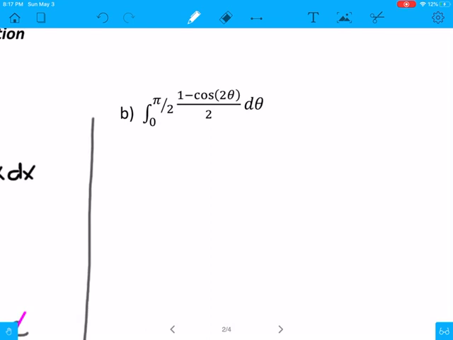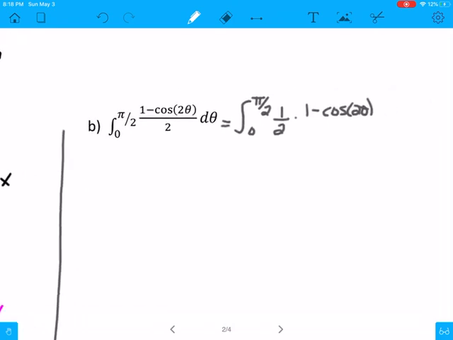Okay, for B, we have 1 minus cos 2 theta over 2, right? I'm going to rewrite that immediately with a half in front. So I'm going to go from 0 to pi over 2, and I'm going to write it as a half times 1 minus cos 2 theta d theta.